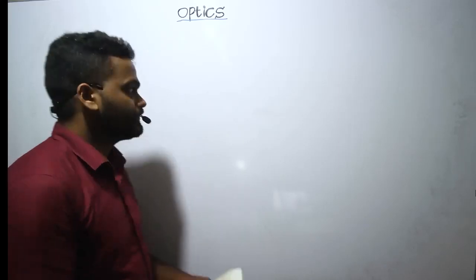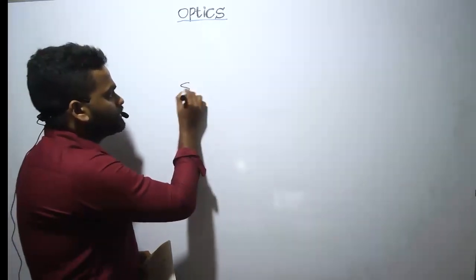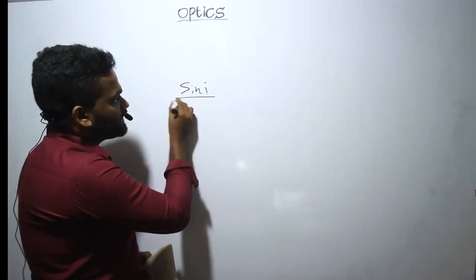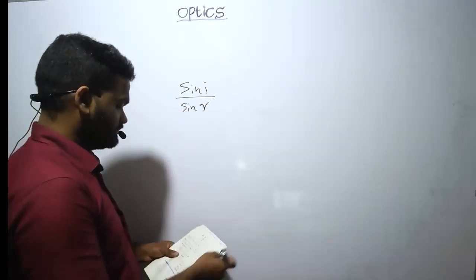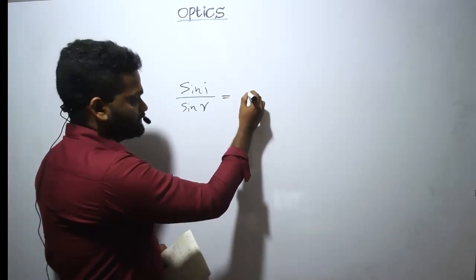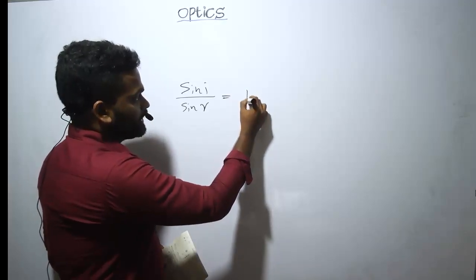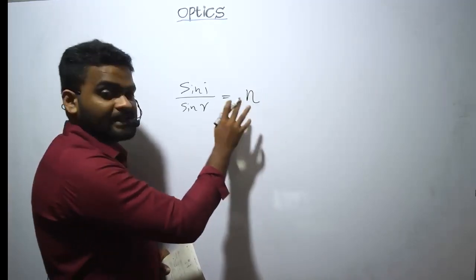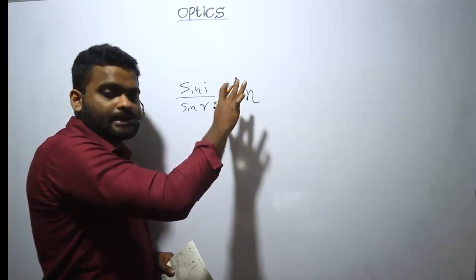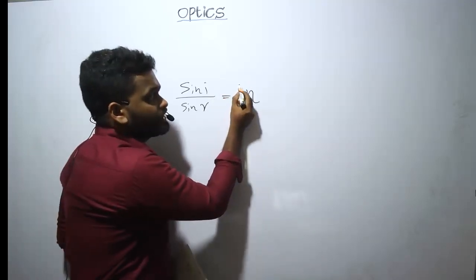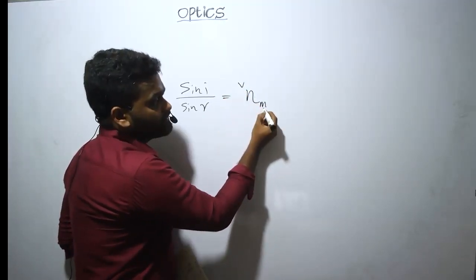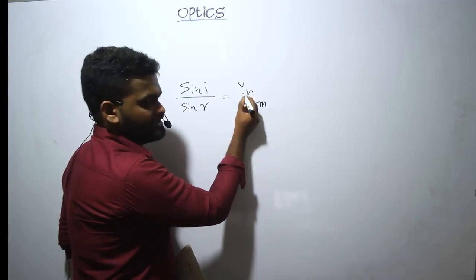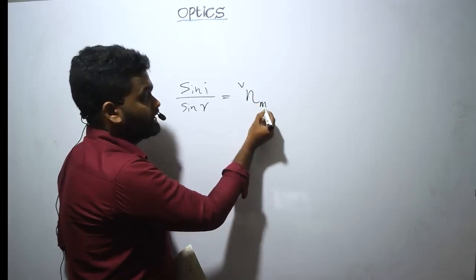Okay. So you know this is sine I divided by sine R equals n. So relative to a vacuum. Relative term goes here: relative to a vacuum, refractive index of the medium. So V means vacuum, M means medium.